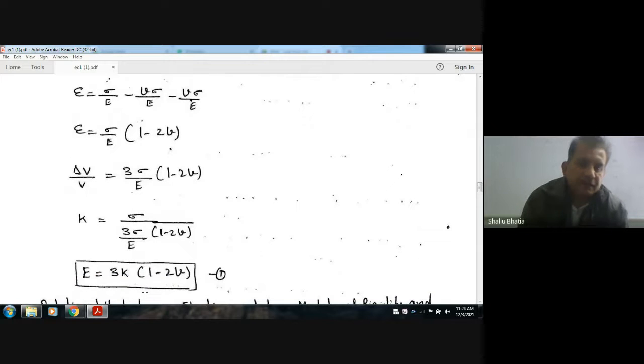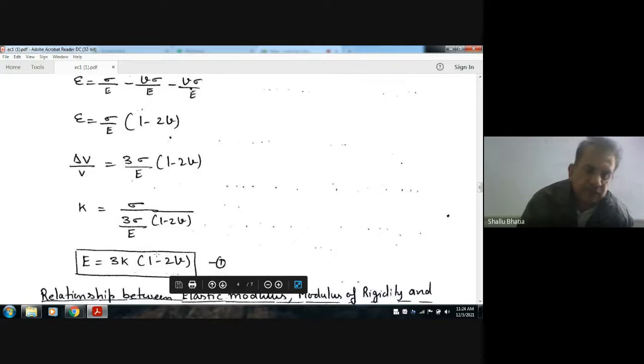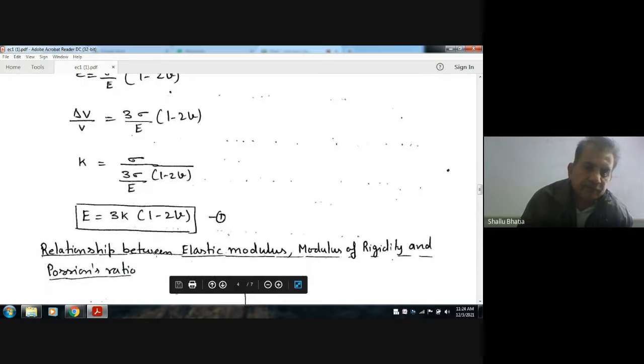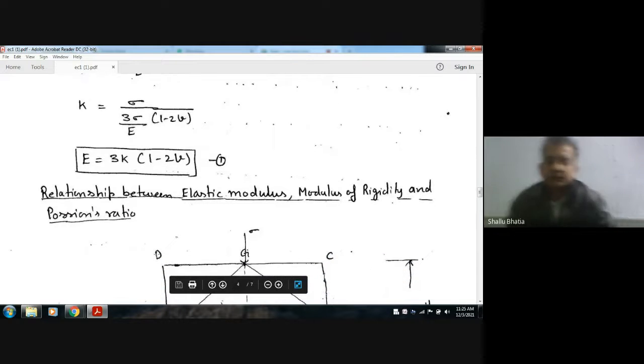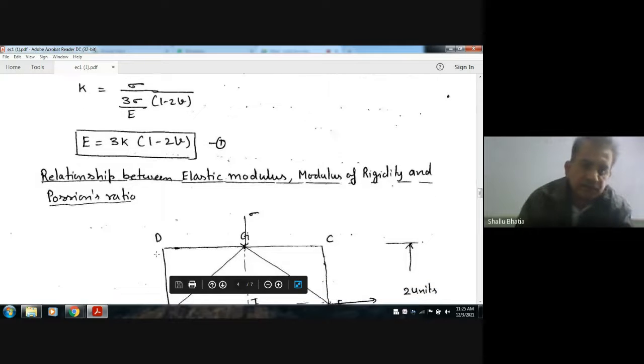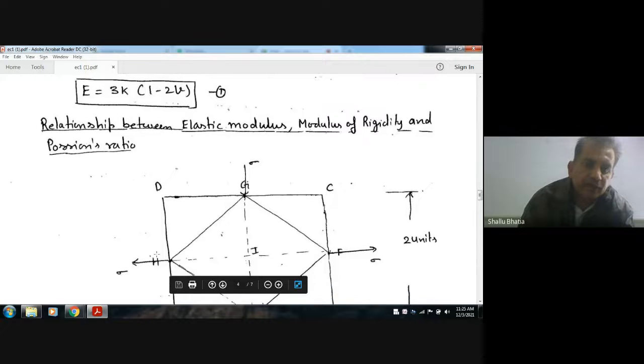So K is defined as hydrostatic stress to volumetric strain. Here sigma will cancel out and we'll get a relationship between E and K, that is E is equal to 3K times 1 minus 2 mu. Okay. The next relationship is between elastic modulus, modulus of rigidity, and Poisson's ratio.